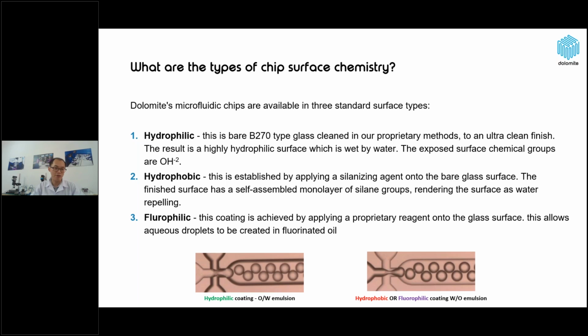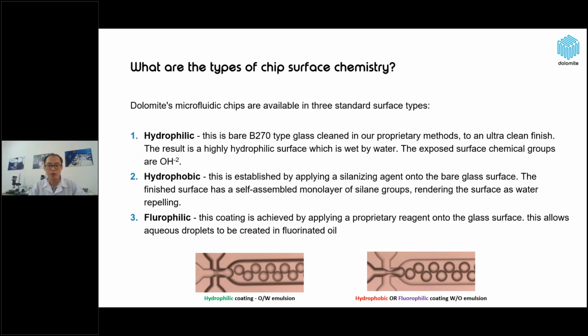The first is a hydrophilic surface coating. This is where B270 type glass is cleaned with our proprietary method. It's an ultra clean finish, resulting in a very highly hydrophilic surface which is wetted by water.